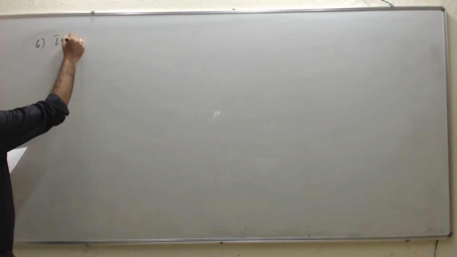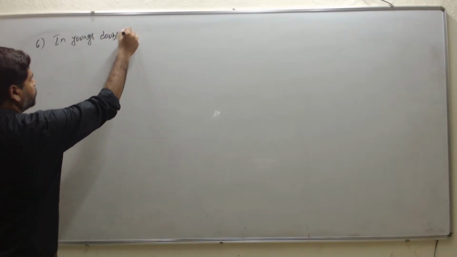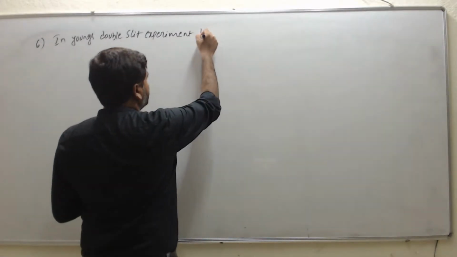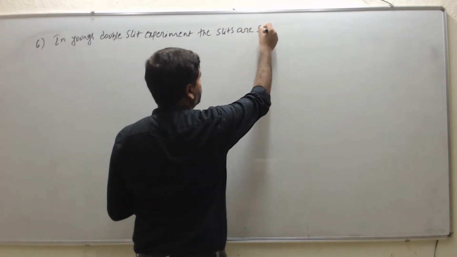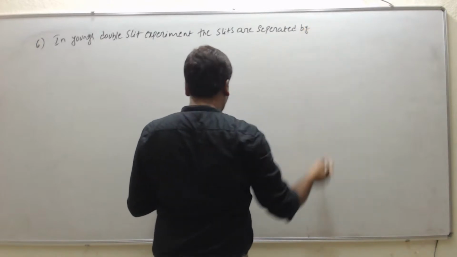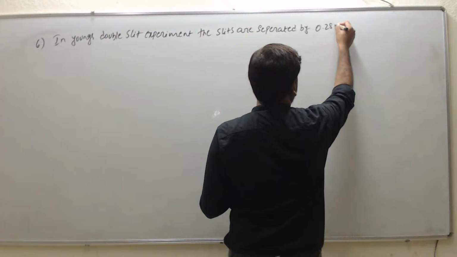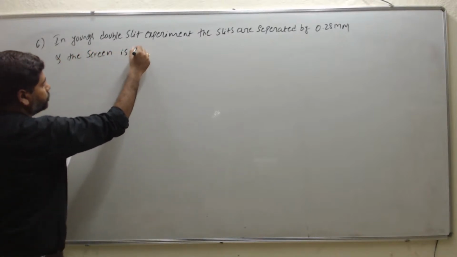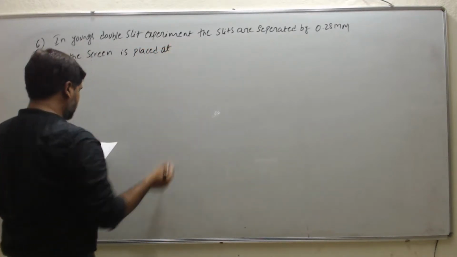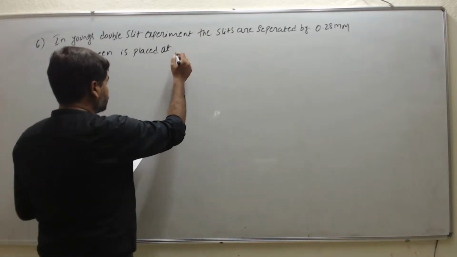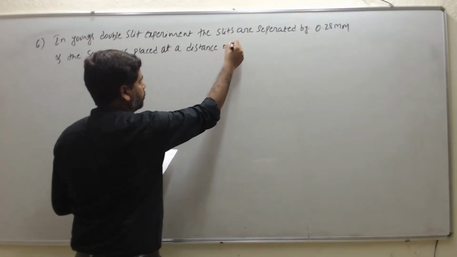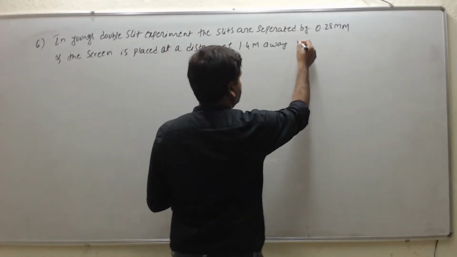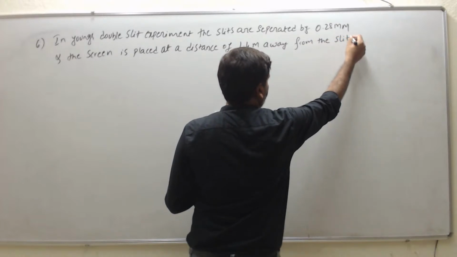Sixth question. In Young's double slit experiment, the slits are separated by 0.28 millimeter, and the screen is placed at a distance of 1.4 meter away from the slits, right?